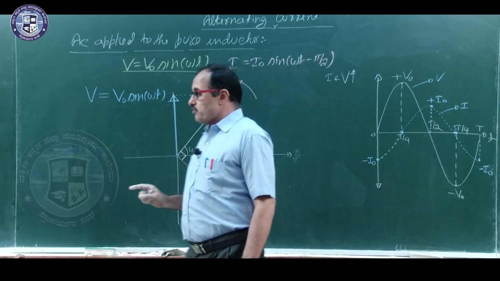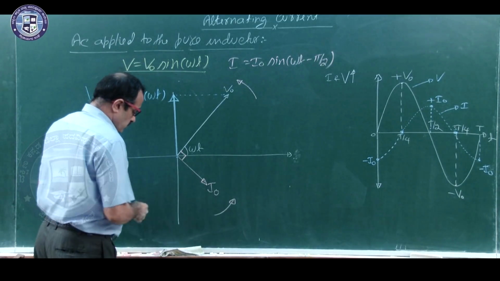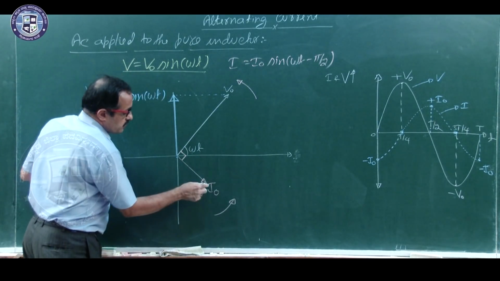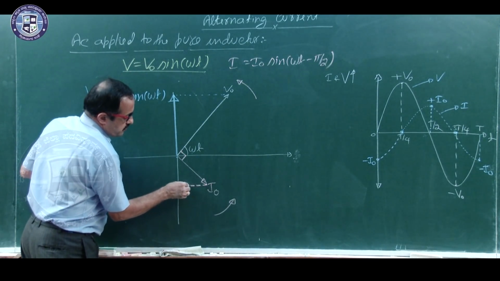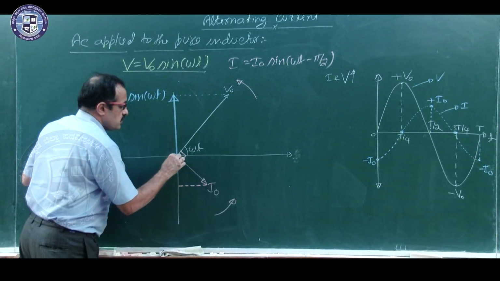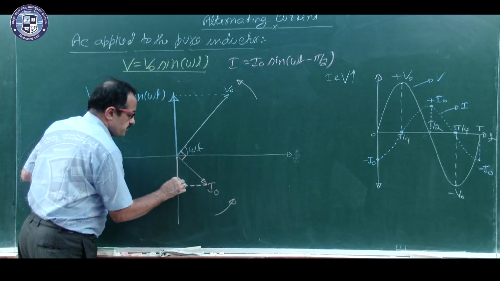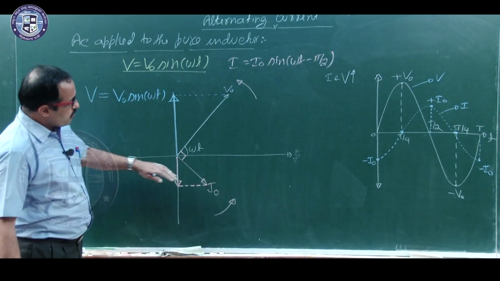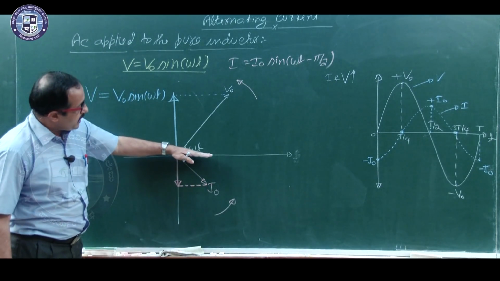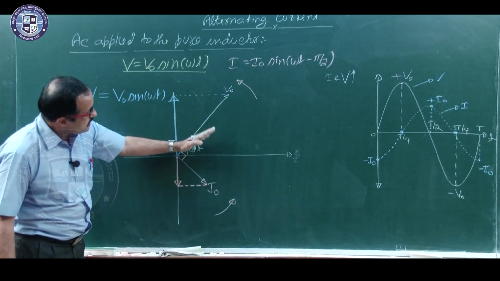Like that, current is here, I naught. I want to find out its instantaneous value, y component. Now, what about the phase angle of the current? Omega t minus pi by 2.